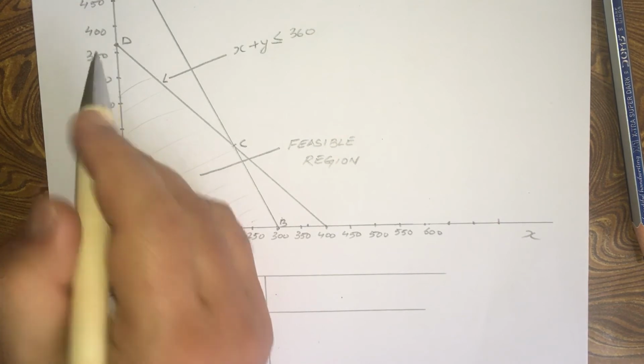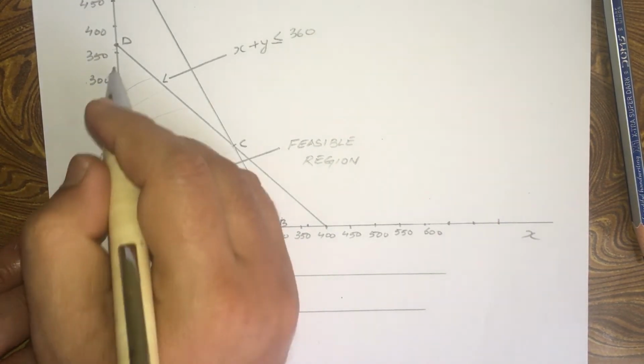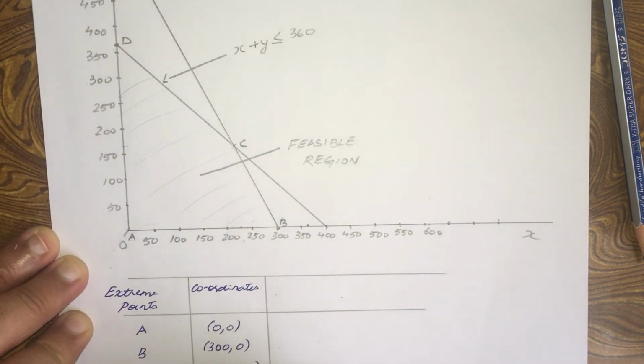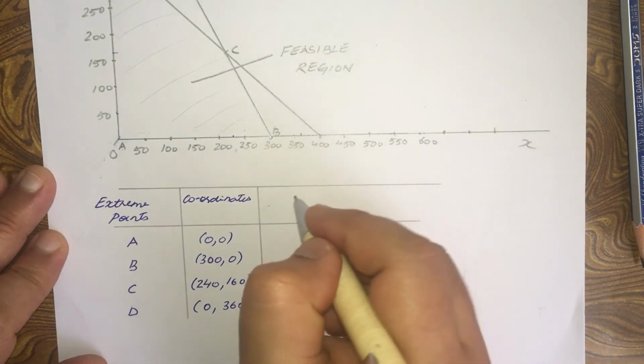All right, and for D, x will be 0, y will be 360. Now what is the objective function?